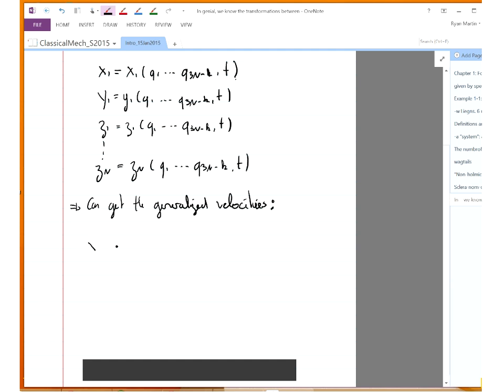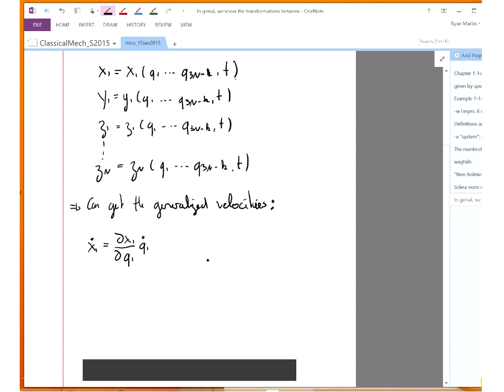So for example, we find that x1 dot, so now it's the chain rule, so x1 is a function of q1 to q3n minus k, which are all functions of t, and then a function of t itself, right? So x1 dot is given by the partial derivative of x1 with respect to q1, and then because of the chain rule, times q1 dot.